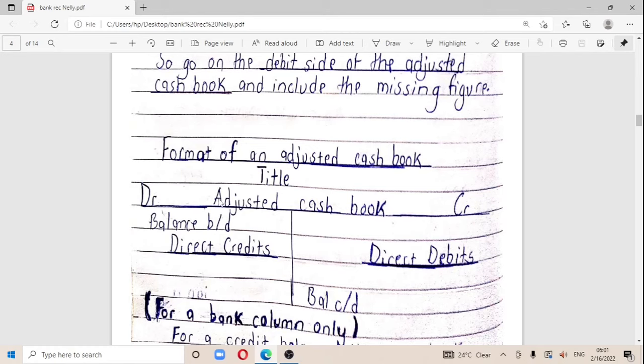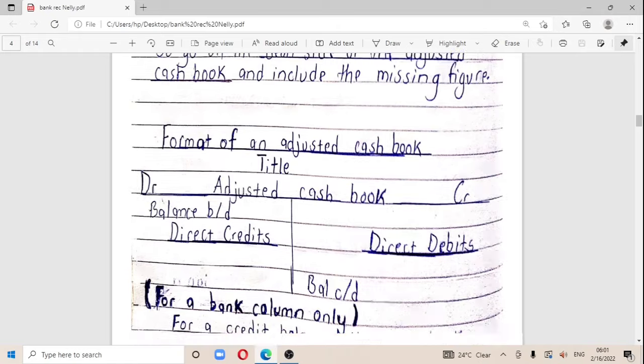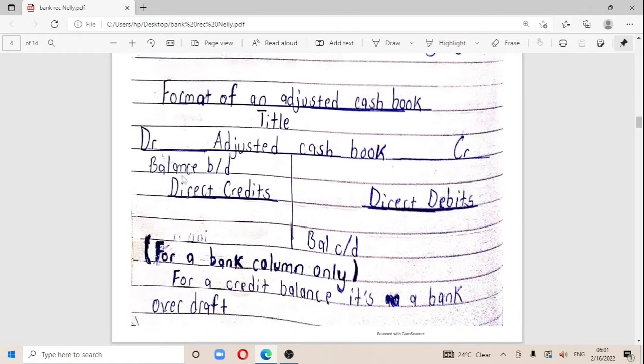What you should know here, since we are dealing with a cash book, is that it can either have a cash column or a bank column. For this, we are looking at a bank column. Here you can have a balance, which is what they call a debit balance.